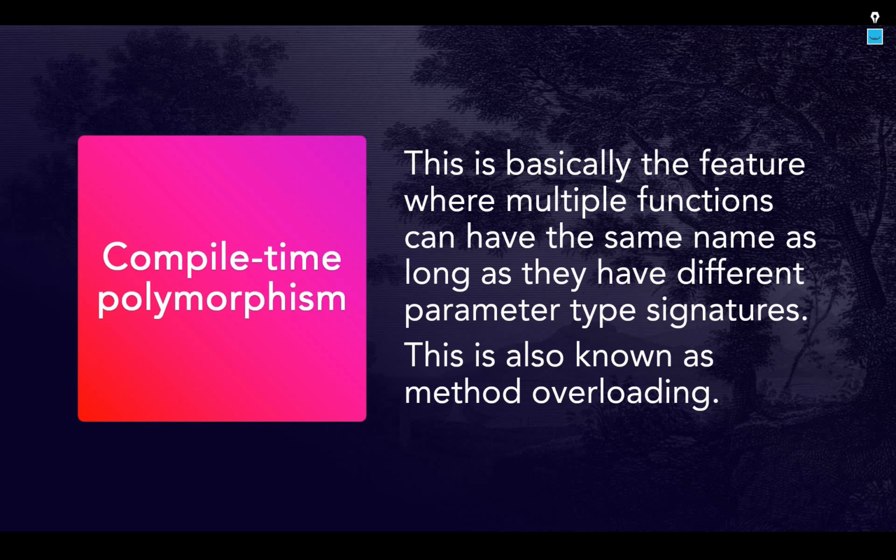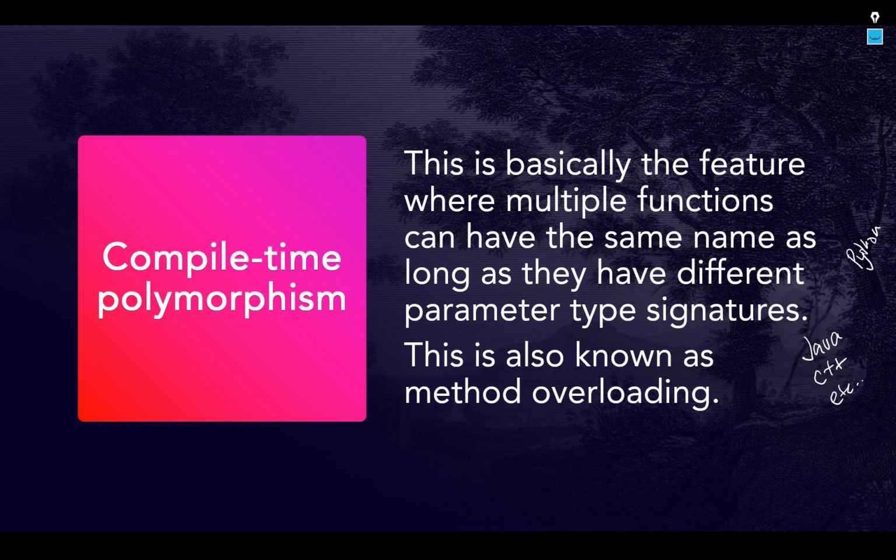This is also known as method overloading. You can find this specific feature in OOP languages like Java, C++, and etc., and their derivatives. Other OOP languages do not have this feature, such as Python, for example.